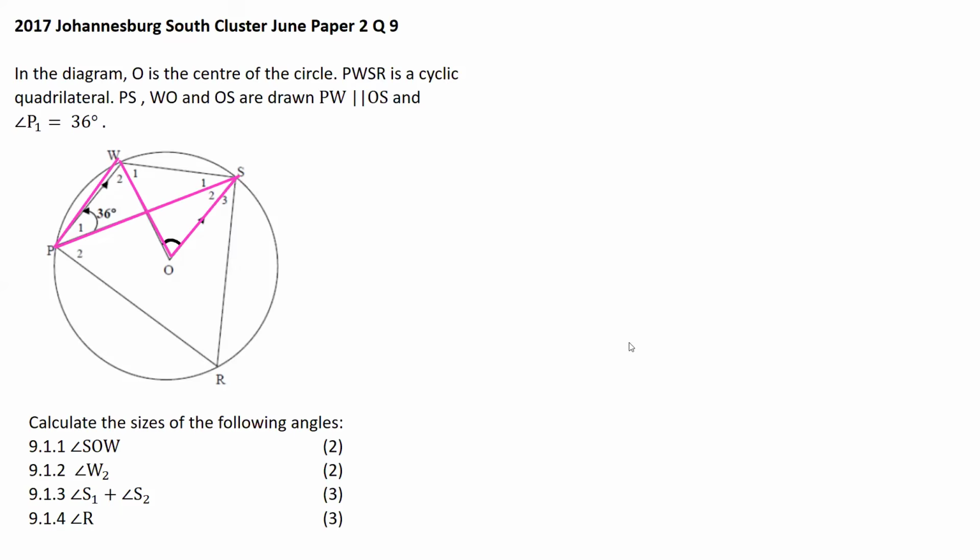So one is at the center, the one I'm looking for, and the other one is at the circumference. So it means SOW, it's always the middle letter, that's the angle, is 72.